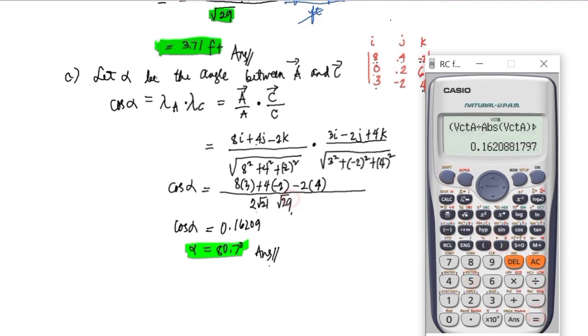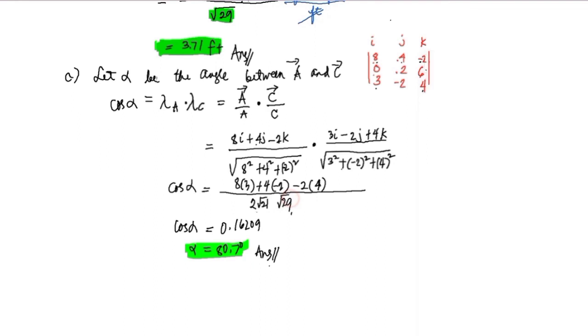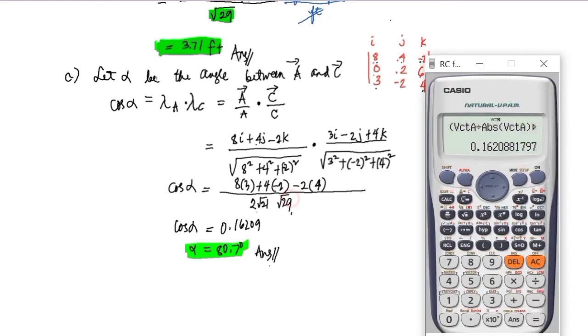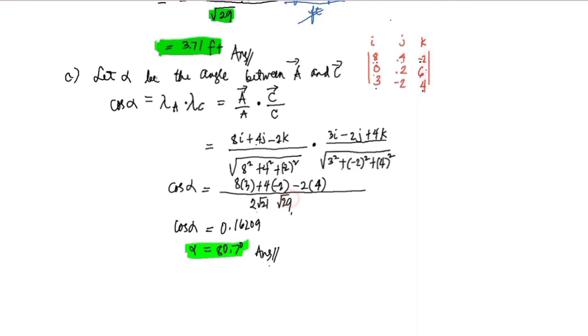And we have here 0.162, yung nakuha natin na ito pa lang yan. No? So, solving for the value of the alpha, we have shift our cosine of the answer. And we have 80.67 or 80.7. So, ito yon yung angle na nakuha natin.